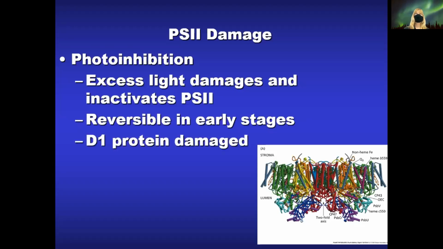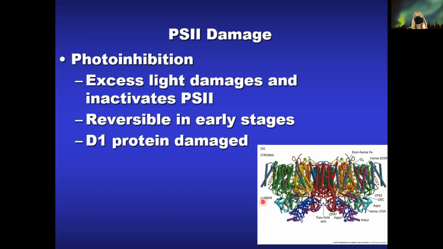And one of the first parts of the photosystem, almost like the weakest link idea, is the D1 protein, which is being shown here in the golden yellow, not the orange, but you can see there's some yellow on either side of this picture. That's the D1 protein.